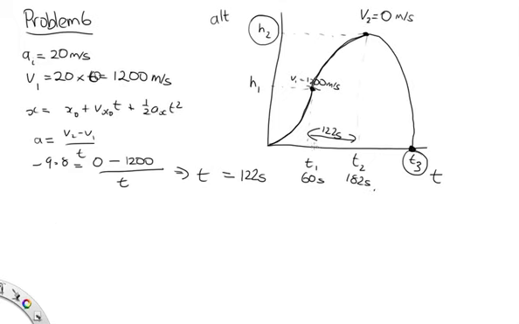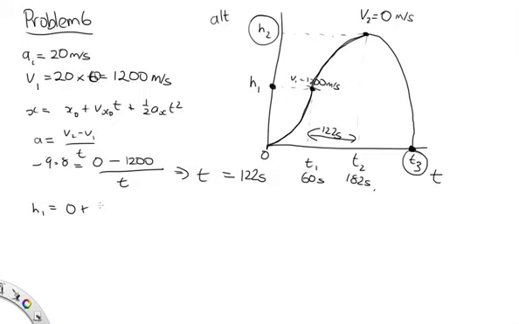So now we've got the time interval between t1 and t2. We also actually need to know the height here. So what height has it reached when it finishes accelerating? To work out that, we can use this formula here, but we use it for the time interval from 0 to t1. Okay, so the height h1 is equal to the initial height, which is just 0, plus the initial velocity.